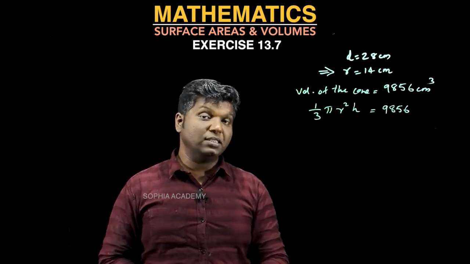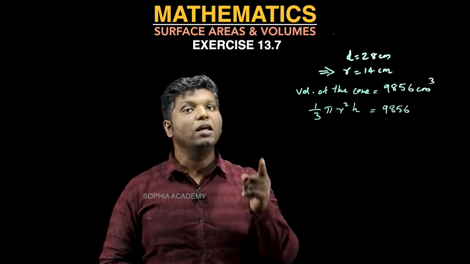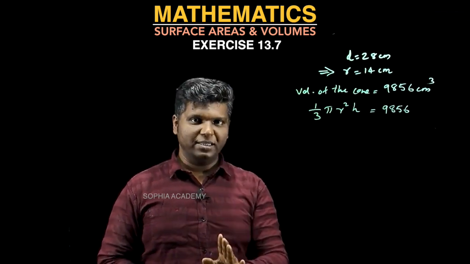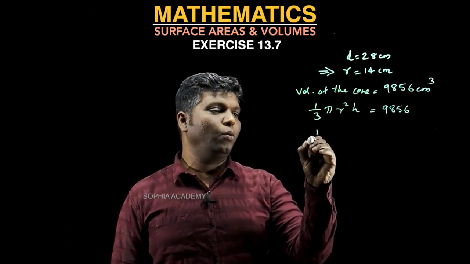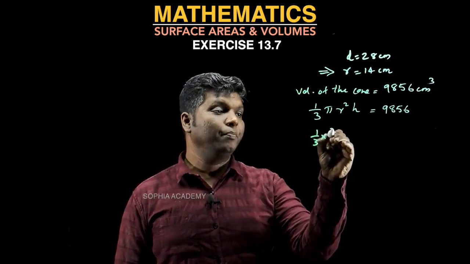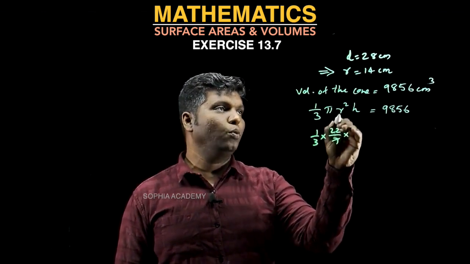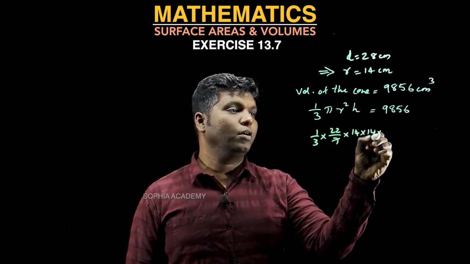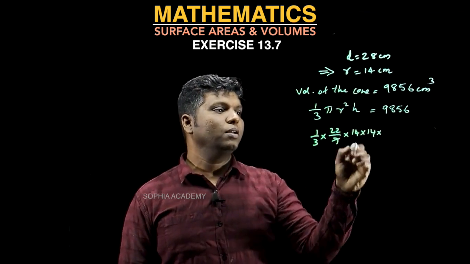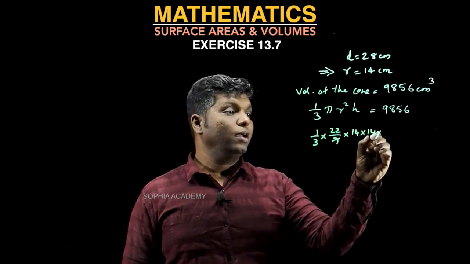Whenever it is not mentioned that you have to take 3.14, you take 22/7. Is that clear? Good. So now we can write 1/3 into, for pi, 22/7 into, what about radius? It is 14. So I am writing 14 into 14, because it is r square. What about h? Height of the cone, it's not known. So h.